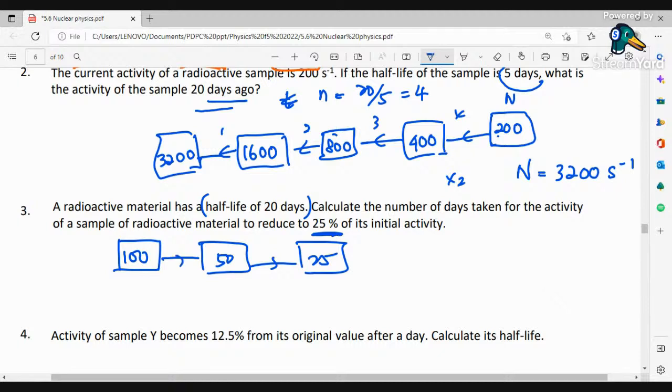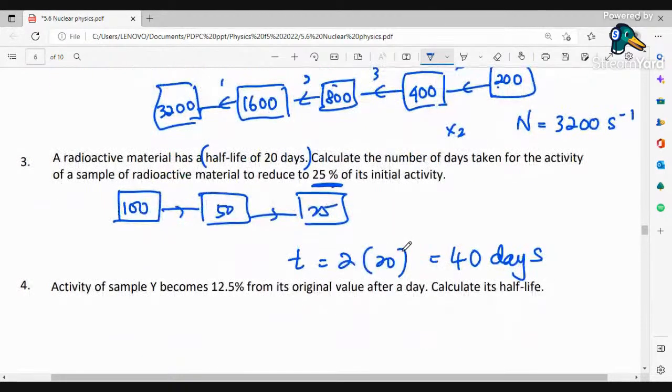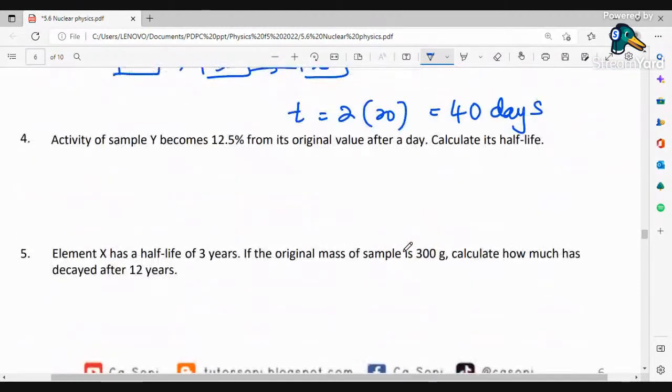Means 2 half-life. So number of days time taken ialah 2 half-life. So 2 times 20, 40 days.